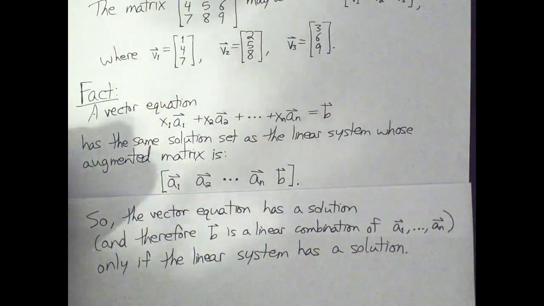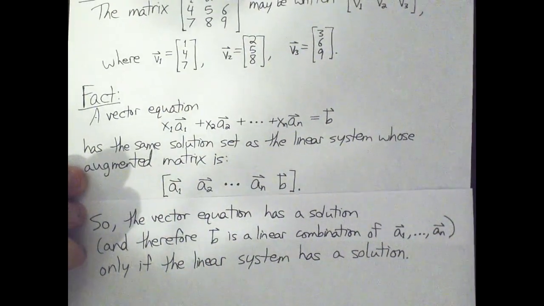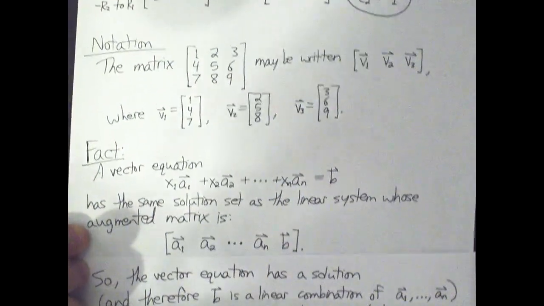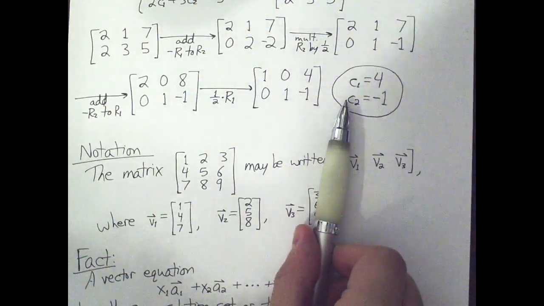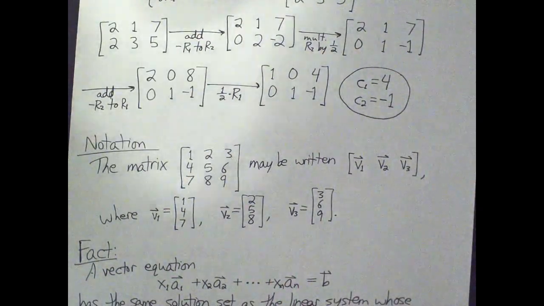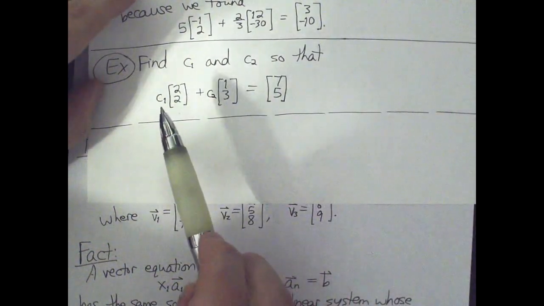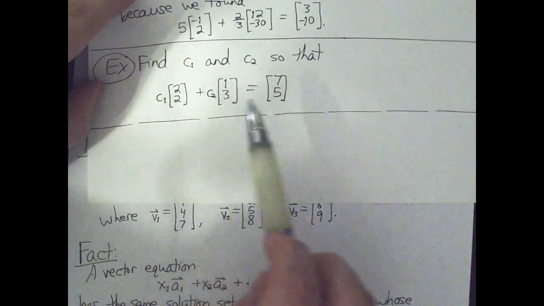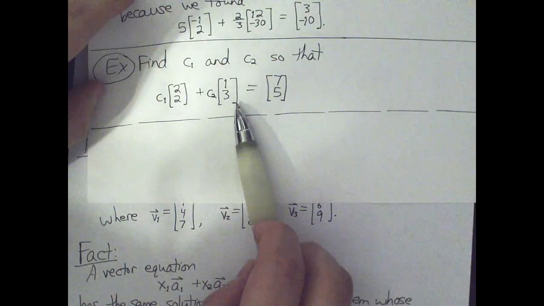Well, I have to move things just a little bit to make a point here. That completely makes sense with what we just did above. I gave you a problem where I asked you to find the weights. I was basically asking you to find the weights to make 7, 5 a linear combination of these two vectors.